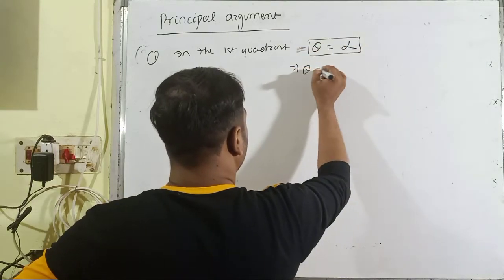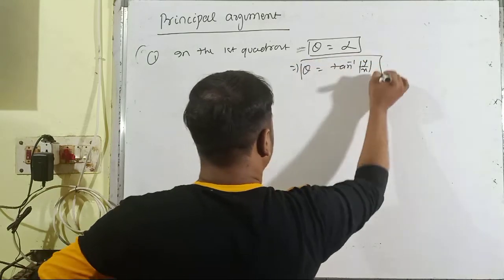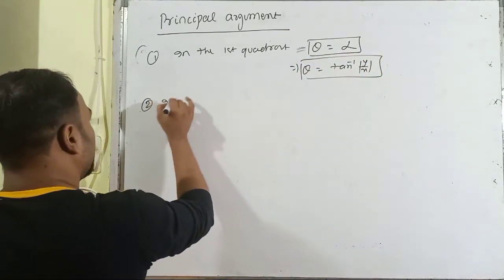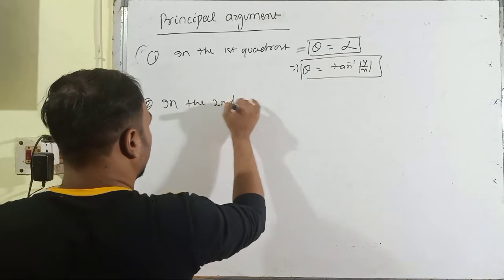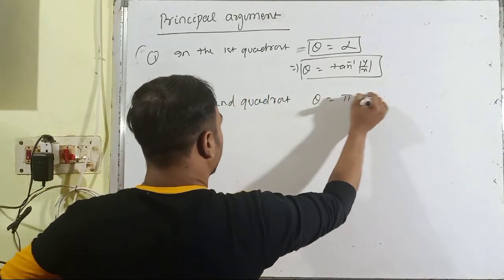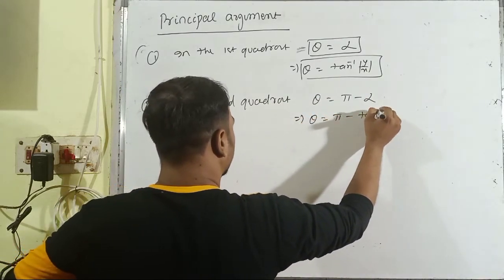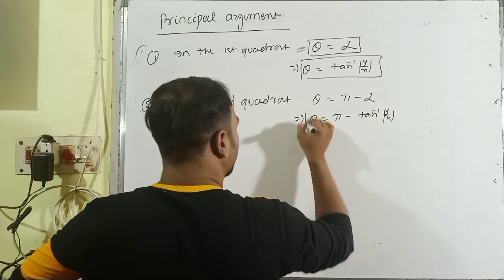That implies theta is equal to tan inverse modulus of y upon x. In the second quadrant, theta is equal to pi minus alpha. That means theta is equal to pi minus tan inverse modulus of y upon x.